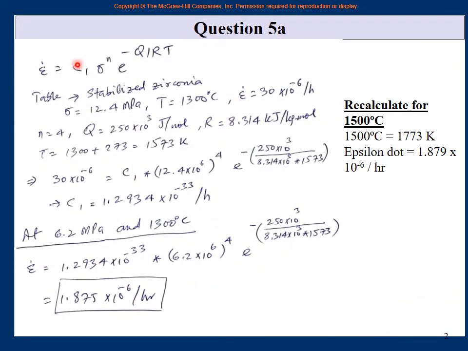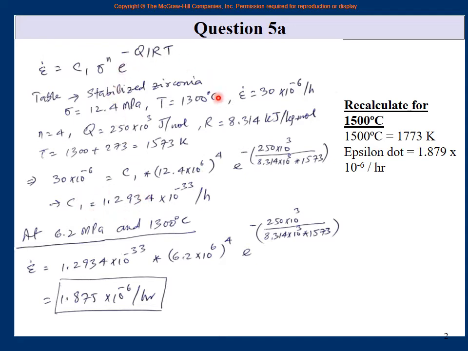That this is your equation. And for stabilized zirconia, sigma is 12.4, T is 1300 Celsius, so convert that to Kelvin. Epsilon dot is 30 into 10 raised to minus 6 per hour from there. n is equal to 4, Q is equal to this, R is equal to this. So just put everything in this equation and then solve for C and you are done, right? So this is not a big issue, whatever units it comes in, right?